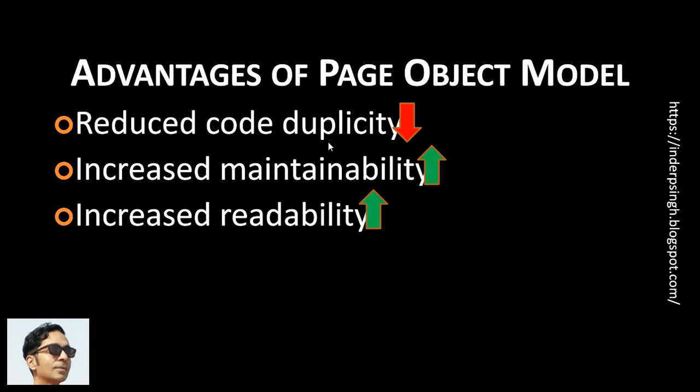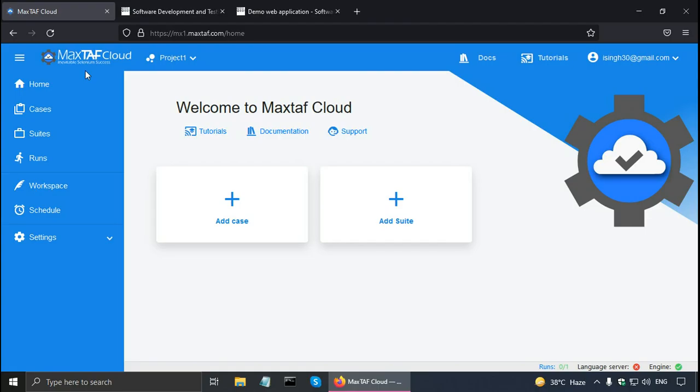The advantages of Page Object Model are reduced duplicity of the code to find the web elements and interact with them, increased maintainability because if the UI changes, the update needs to be done in a single place, and increased readability because the web page specific code and test methods are separate.